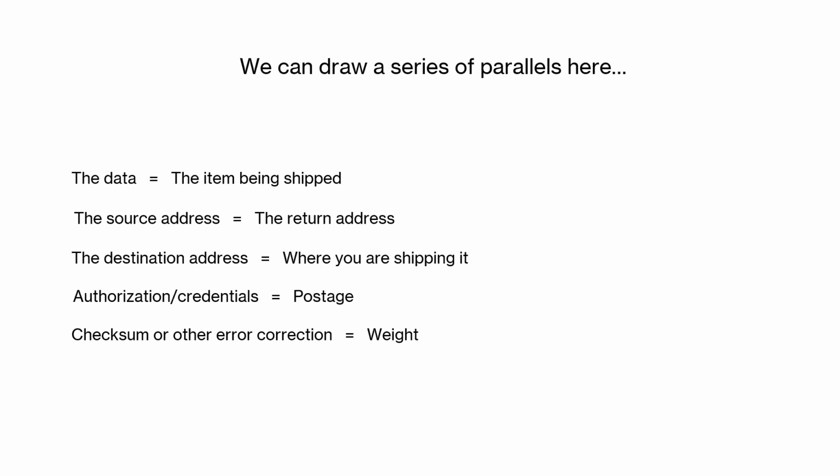When we send a package through UPS or FedEx, we include the weight so that when that package is received, the package can be weighed and those two weights compared to make sure that there was no error in the shipment process. Same basic idea, just done a little bit differently. One we've only been doing for a few years, the other we have been doing for probably close to a century.